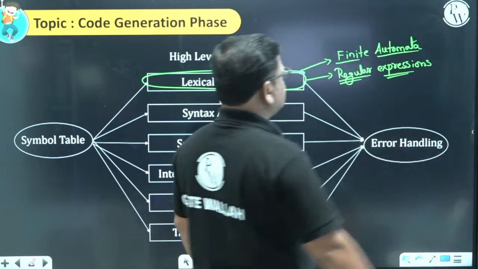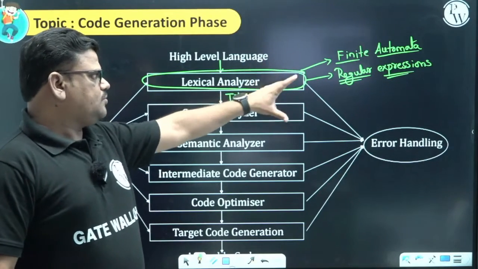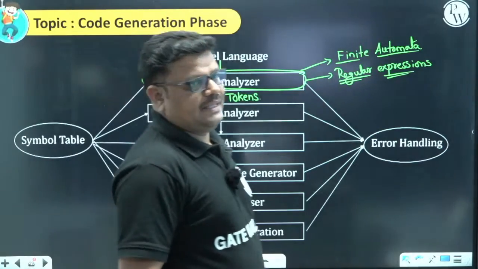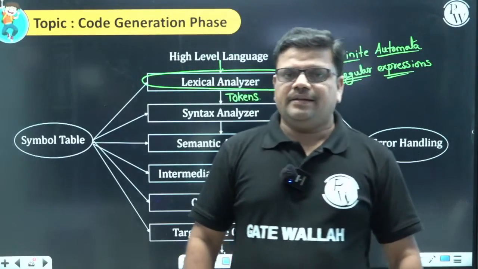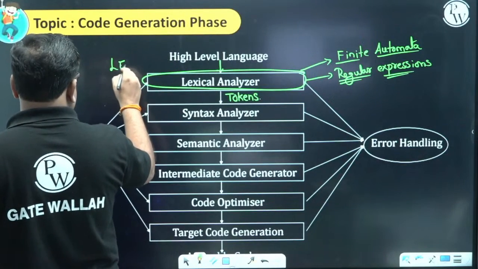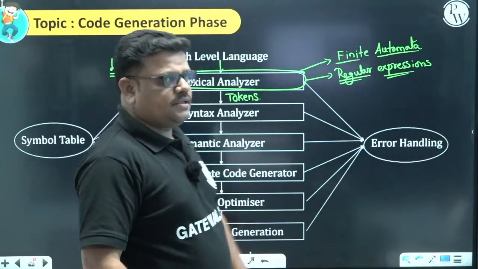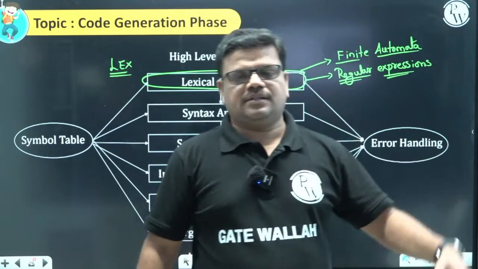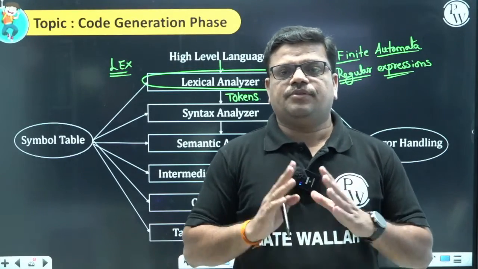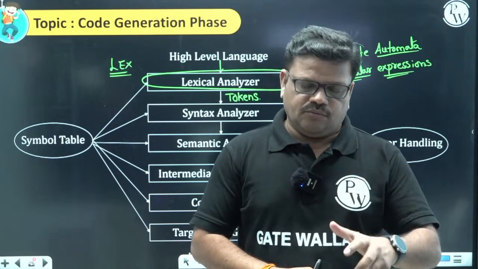By using these concepts, the theoretical development of the lexical analyzer is designed, and there is a tool called the Lex tool. If we give all these specifications of finite automata and regular expressions, the equivalent lexical analyzer program will be generated by Lex.